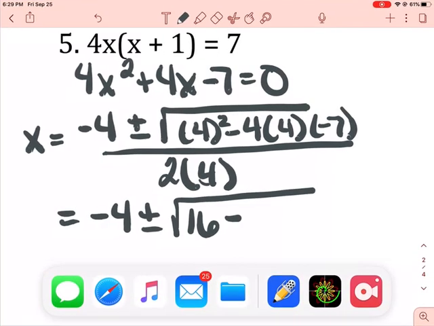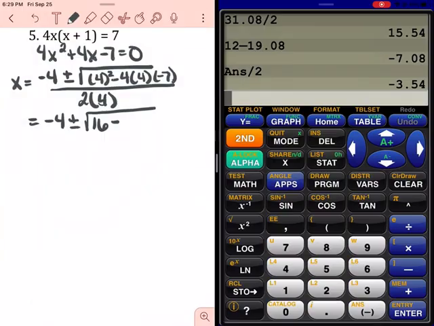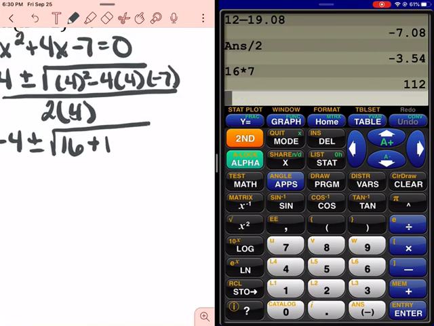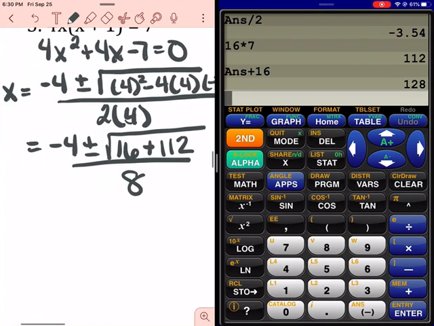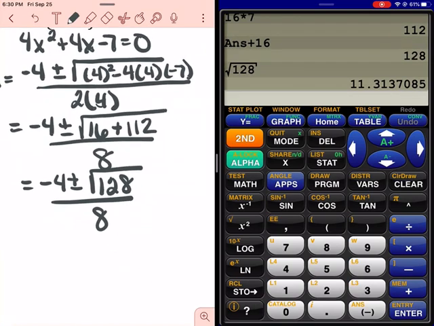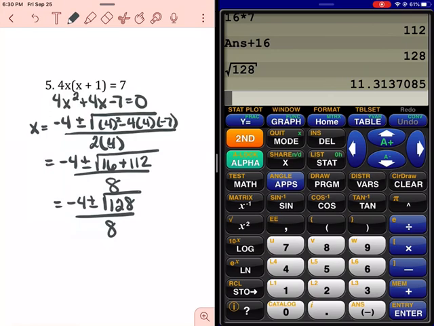We get 16 minus, I don't know what 16 times -7 is. It ends up being positive anyway. 112, so that's going to be plus 112 all over 8. I'll just add 16 here. Okay, 128. I don't believe that's a perfect square. It is not, so we're just going to leave it like that.